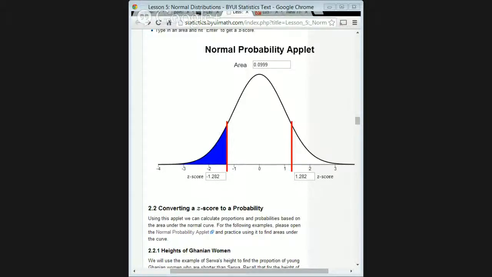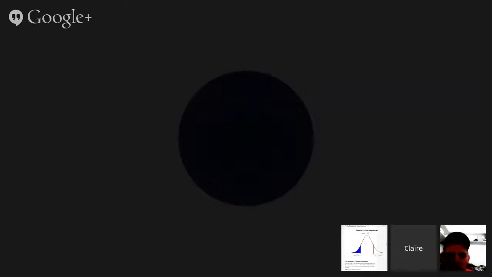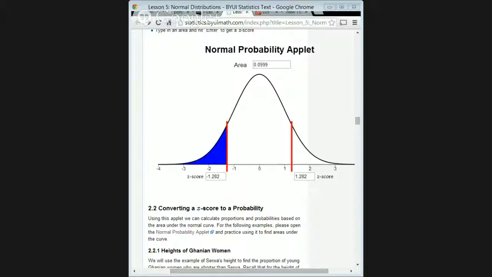I got 139.52. Okay, one second, I'm almost there. Wait, what did you get? 139.52. Oh, I got the same thing. Awesome. I thought I got it way off.